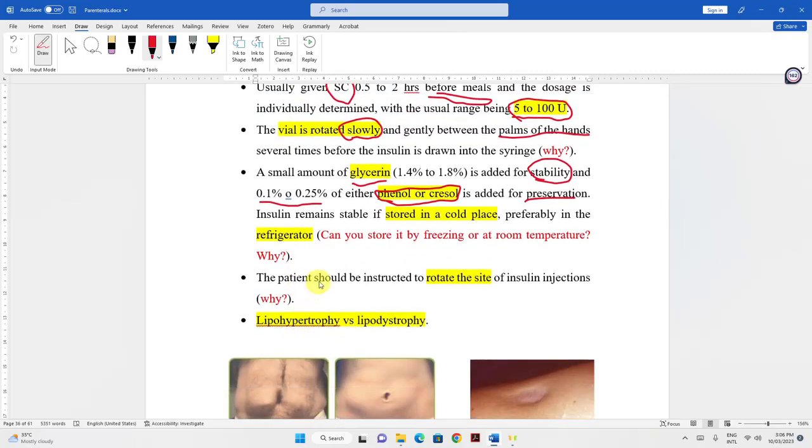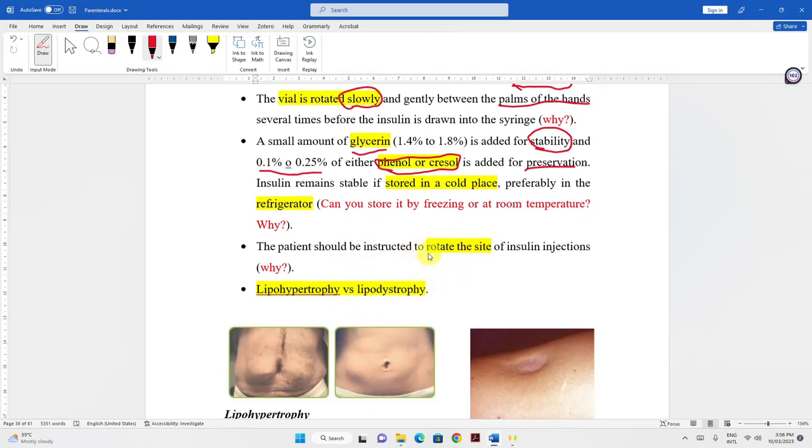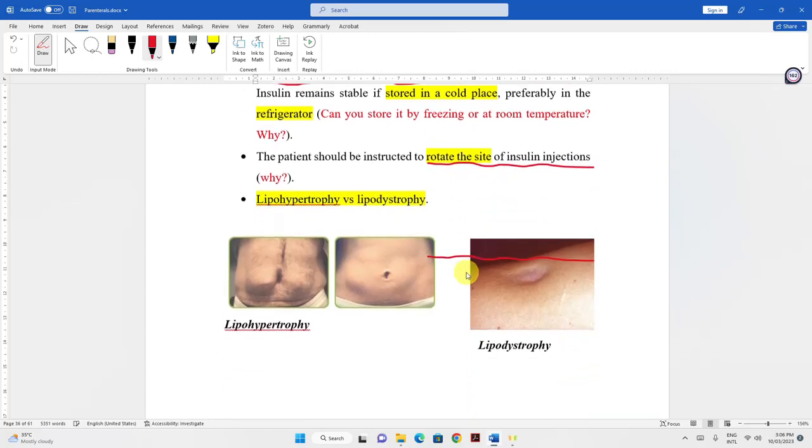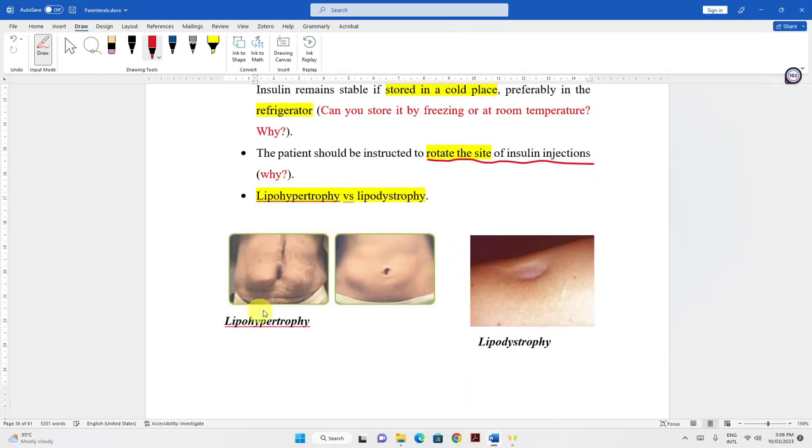It's very important that the patient is instructed to rotate the site of injection. Don't inject at the same place. One of the common sites is around the belly button, that you see here.